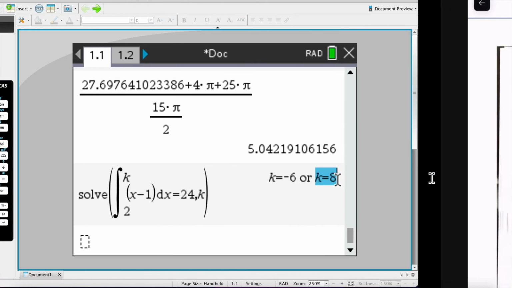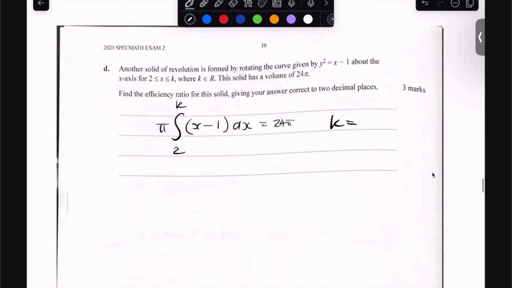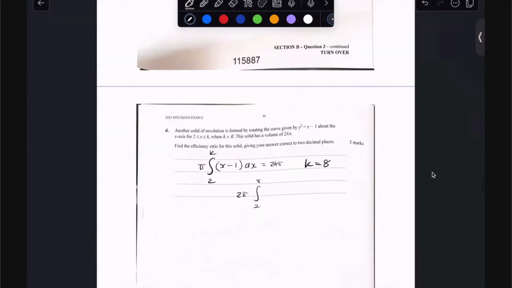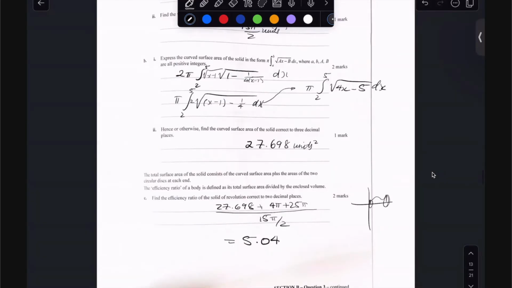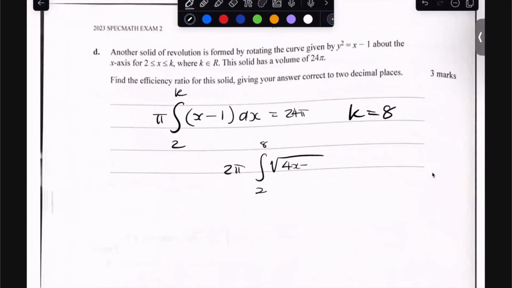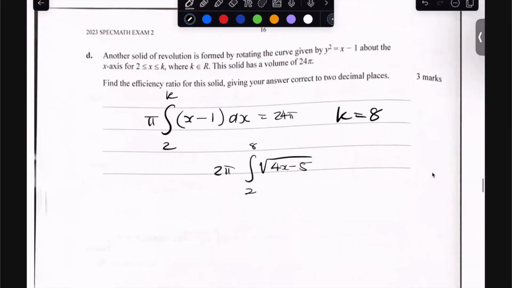Right, now you want to find the surface area, which is 2 pi times the integral from 2 to 8 of the same expression on the inside, which is 4x minus 5, square root 4x minus 5, dx, plus 4 pi plus 64 pi all over its volume, which was 24 pi.